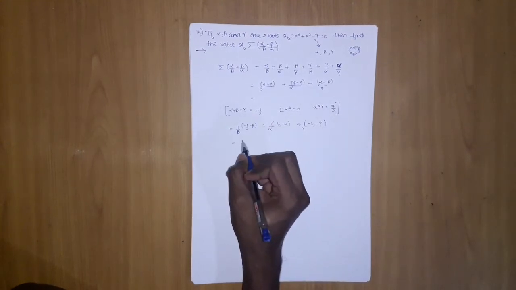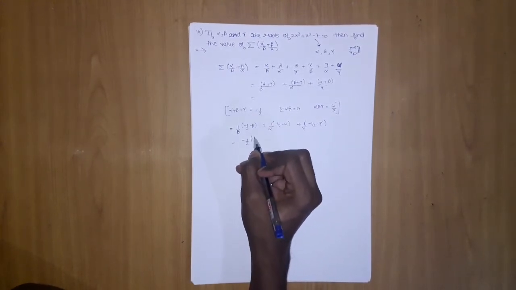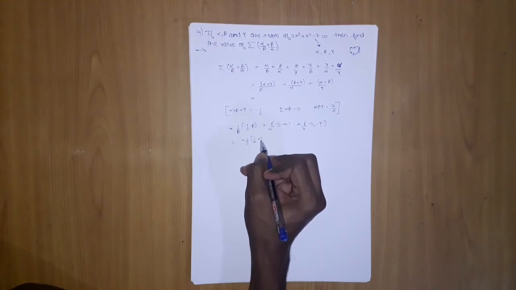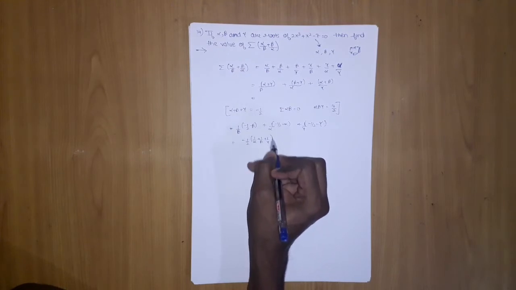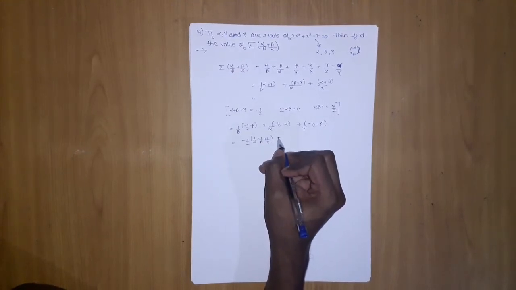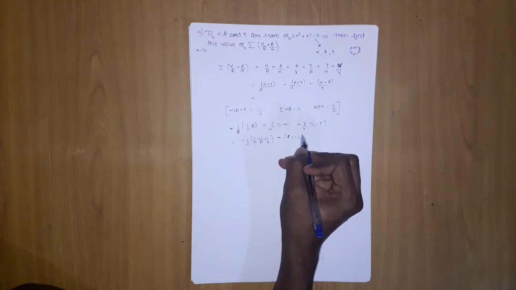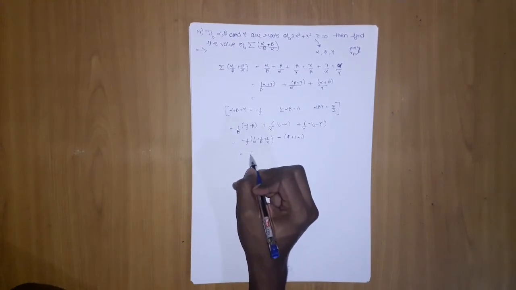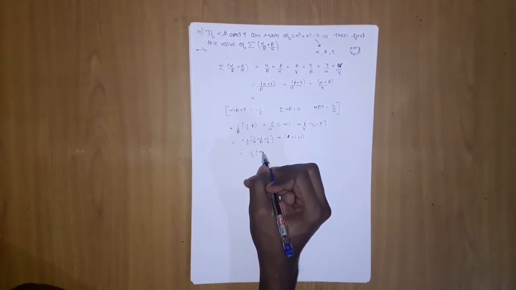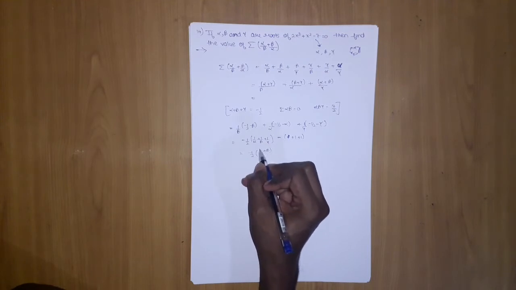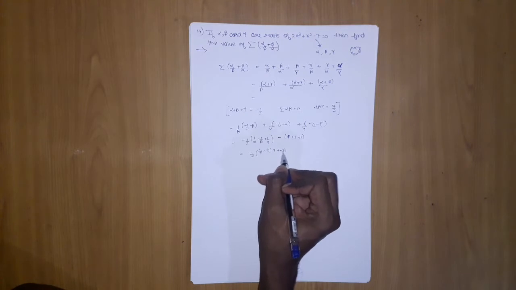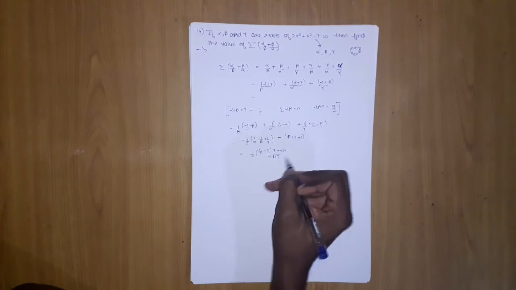So taking 1 by 2 common, 1 upon alpha plus 1 upon beta plus 1 upon gamma, and here minus 1 plus 1 plus 1. So I am getting minus 1 by 2, and this will become alpha beta plus beta gamma plus gamma alpha upon alpha beta gamma.